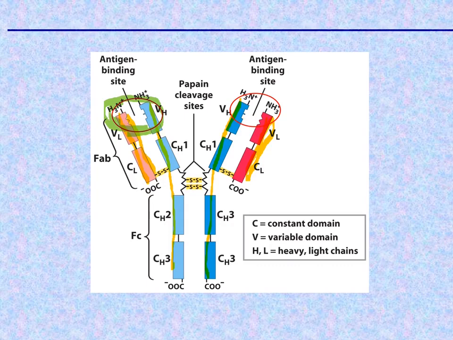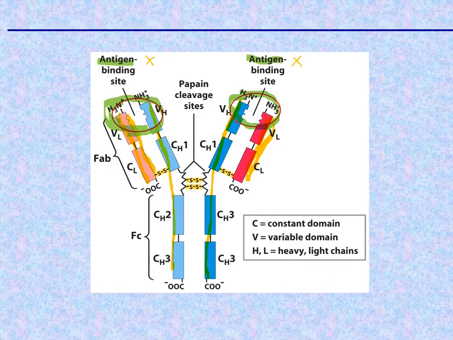It can bind to a particular foreign molecule, an antigen. And here on this one is an identical binding site for the same antigen. Let's call it, for now at least, antigen X.